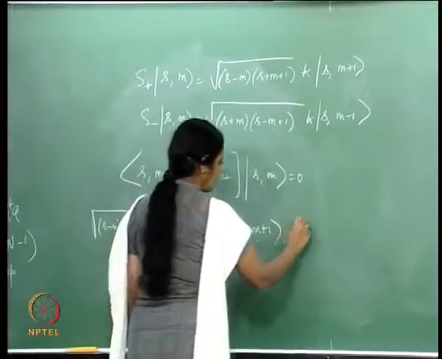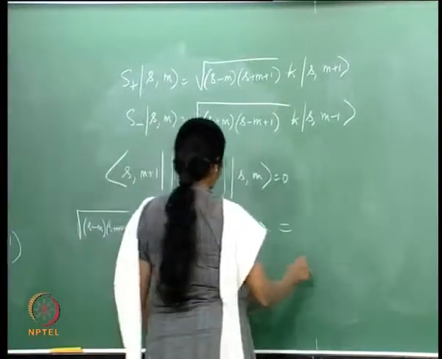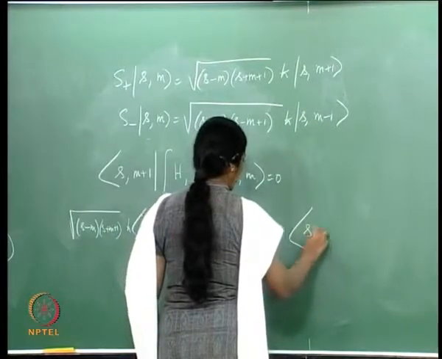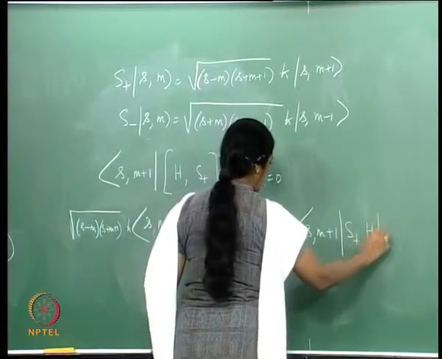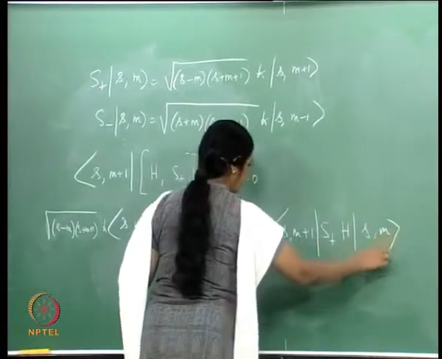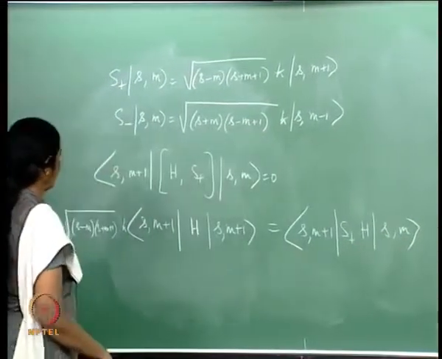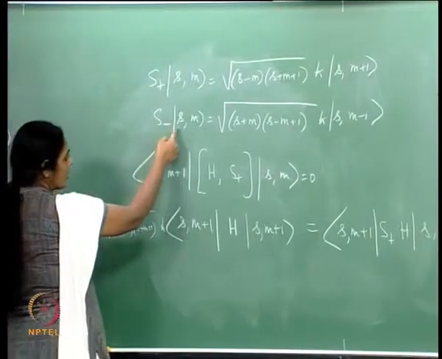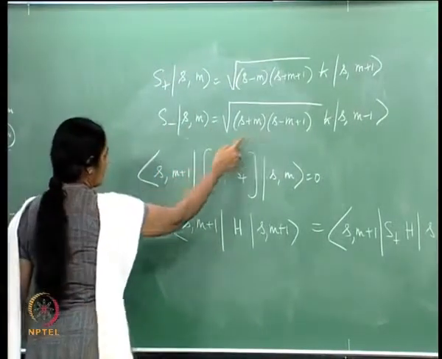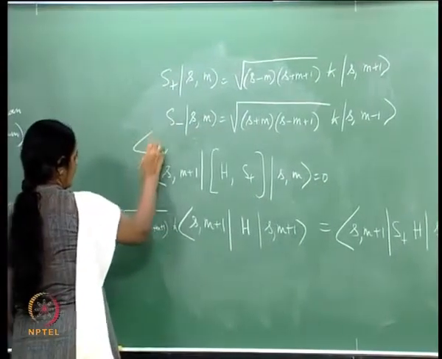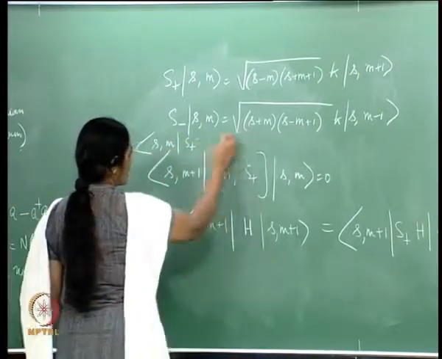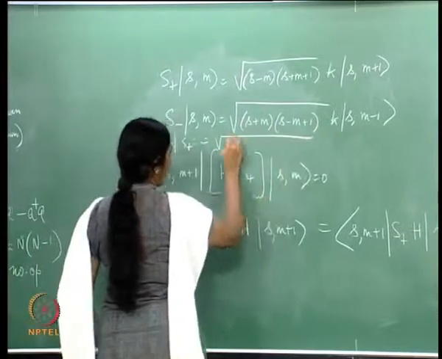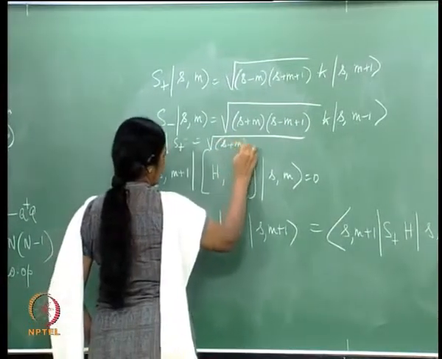That is the first term, and this quantity is equal to ⟨S, m plus 1| S plus H |S, m⟩. But if S minus acting on |S, m⟩ gives me this, its dagger is this, and that is a real quantity. Therefore, I have the same coefficient.